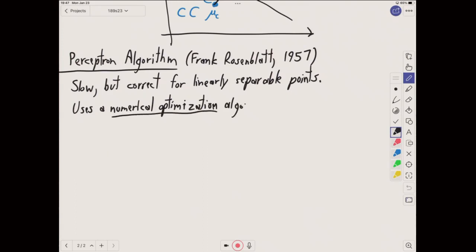And that algorithm is one that we're going to revisit often this semester. We'll use it over and over again in different contexts. It's called gradient descent. And gradient descent is most of the calculus you need to understand for this course.